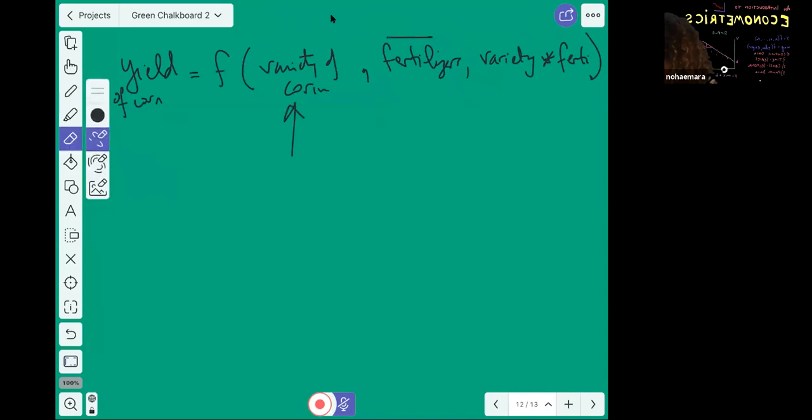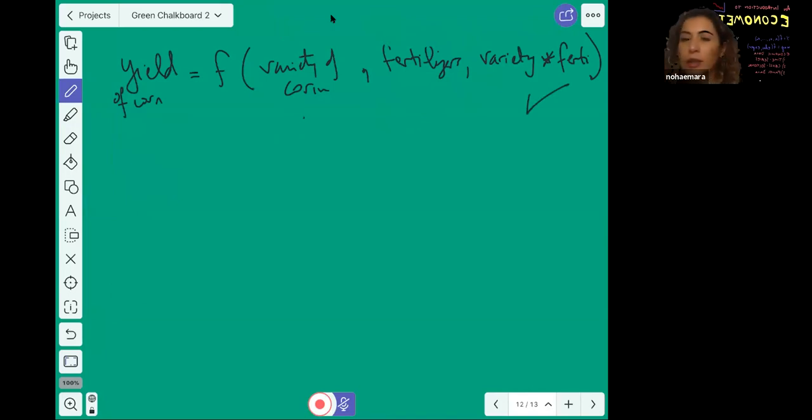Next, I'm going to be analyzing the second one holding this one constant, right? And then next, I can actually analyze them both, so I can see the simultaneous effect of a specific variety of corn with the use of a specific fertilizer. Okay, so out of this, we can come up with different types of F.